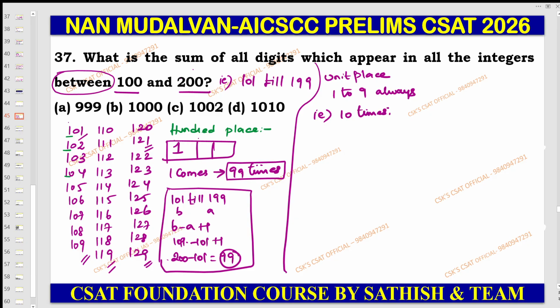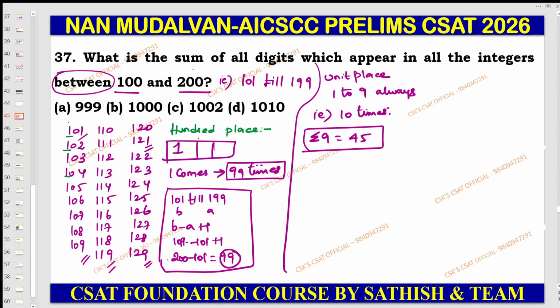Why 10 times here? See here, up to 190, 191, up to 199. So therefore 10 times here. So the summation of 9 is nothing but 45.